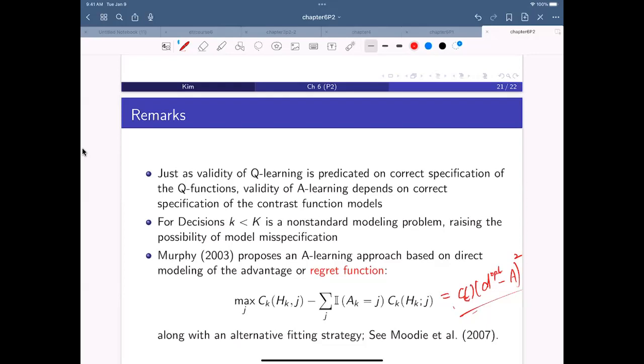So just as the validity of Q learning is predicated on correct specification of the Q function, here the validity of A learning depends on correct specification of the contrast function and others.